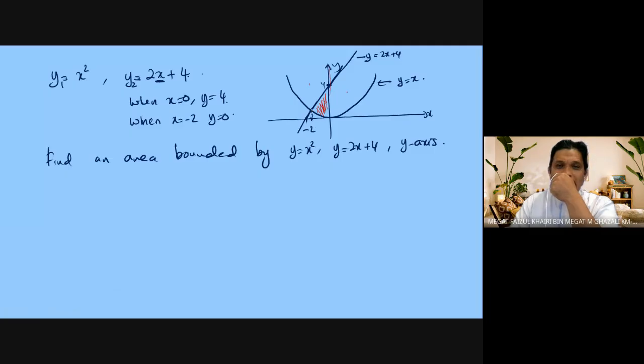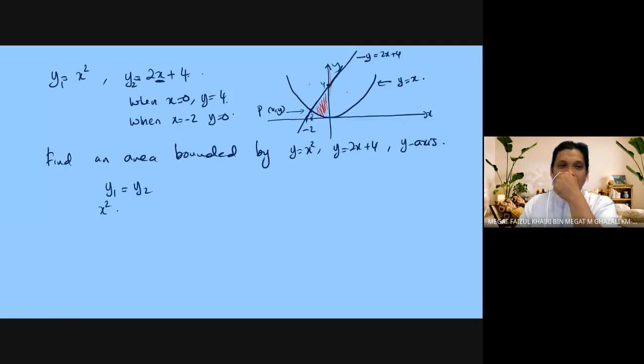This intersection point is a coordinate of x and y. Let's say I call it p. So this value of x and y is shared by these two graphs, y equal to x squared and also y equal to 2x plus 4. So we need to find this intersection point first, so make y1 equal to y2.